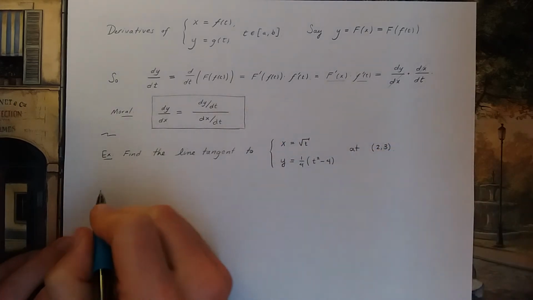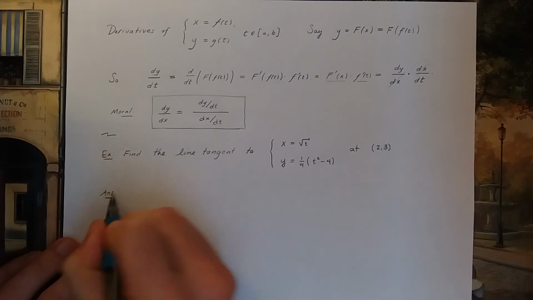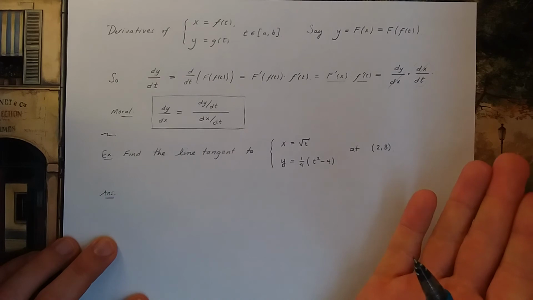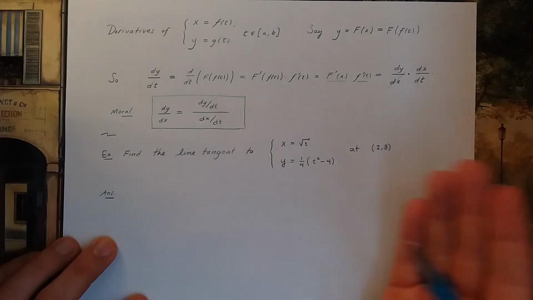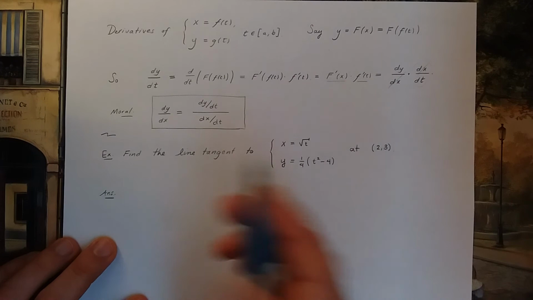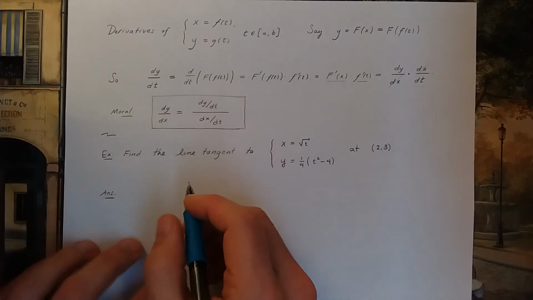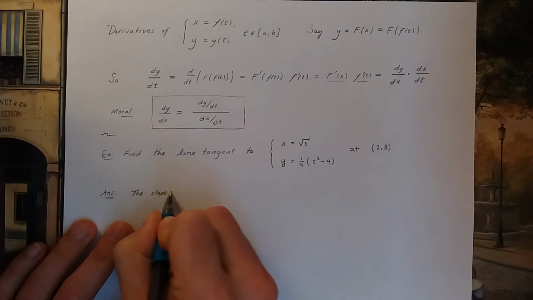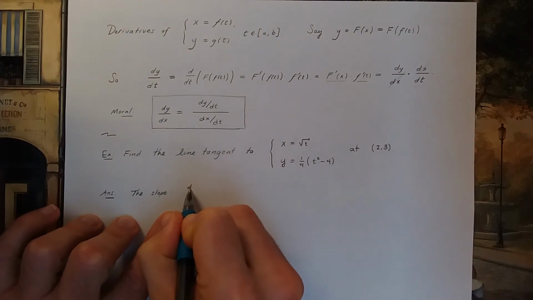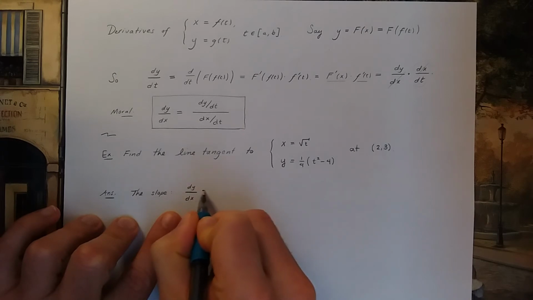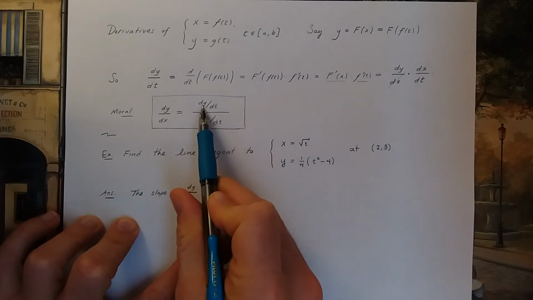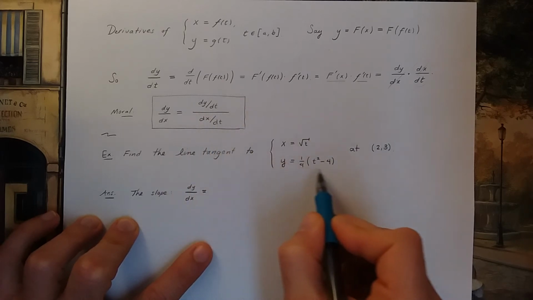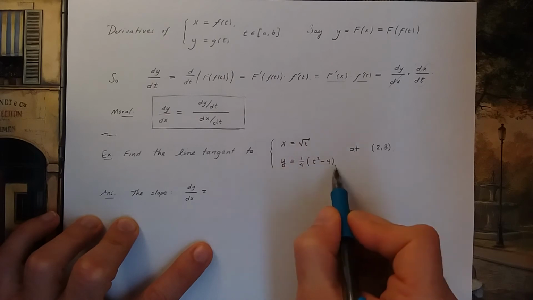Okay, so here's how you would do this problem. To find a tangent line, you could find the slope of the tangent line by taking a derivative, and then you could plug in a point to find the actual line. So the slope of the tangent line I can get by taking dy dx. Now using this up here, I get dy dt, so I'm going to take the derivative of this with respect to t.